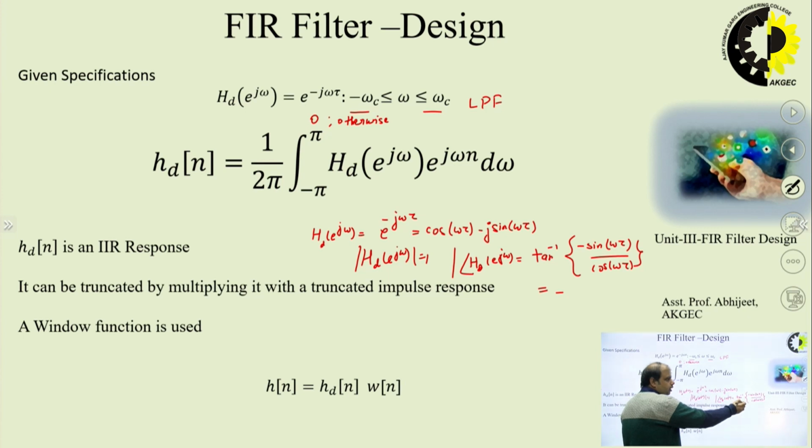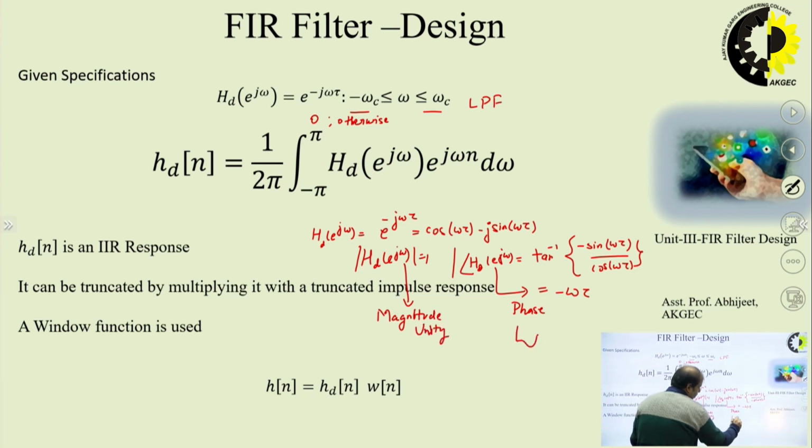Tan inverse of tan is theta. So, tan inverse being an odd function, the negative sign will come. So we can understand the phase is represented by minus omega tau. So the magnitude is unity and the phase is linear. This is very important.